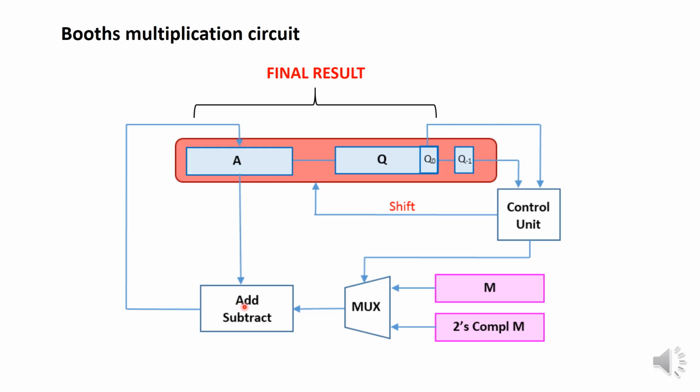Then the adder adds the output of the multiplexer to the value of the accumulator and stores it into the accumulator. And finally, the final result is given by the combination of the register A and Q bits together.